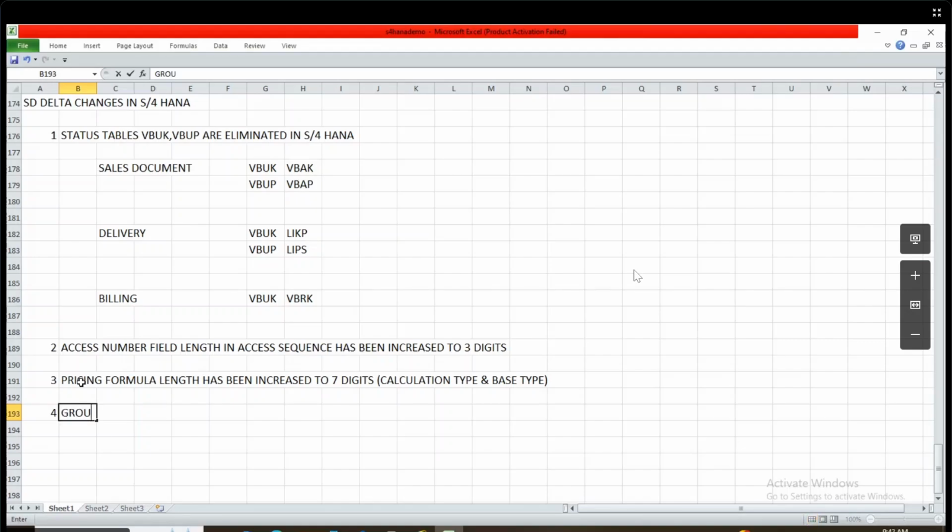Next, group condition routine length has been increased to 7 digits. In condition type controls, we have group condition routine. So that length is increased to 7 digits.